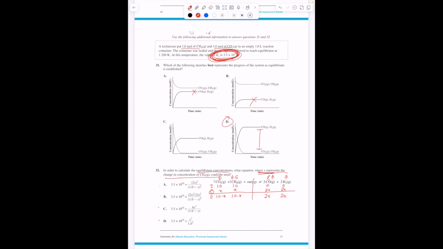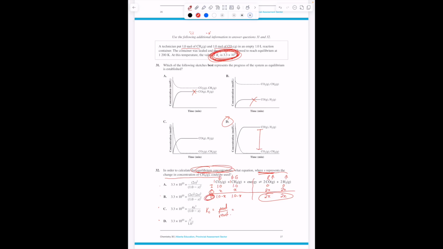Okay, and then I say my Kc equals products over reactants. I'll save myself room. And then my products are those guys. And they wanted equilibrium concentrations. That's why I'm using those numbers, E.